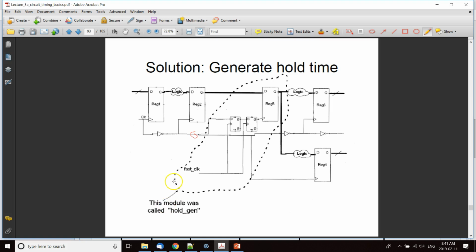It could be a little bit more than 1 because it has to go clock to Q. If it arrives just before the clock, then it will be clock to Q, and then another clock period of the fast clock, and another clock to Q. That would be a little bit more than 1, and it could be a little bit more than 2, right?